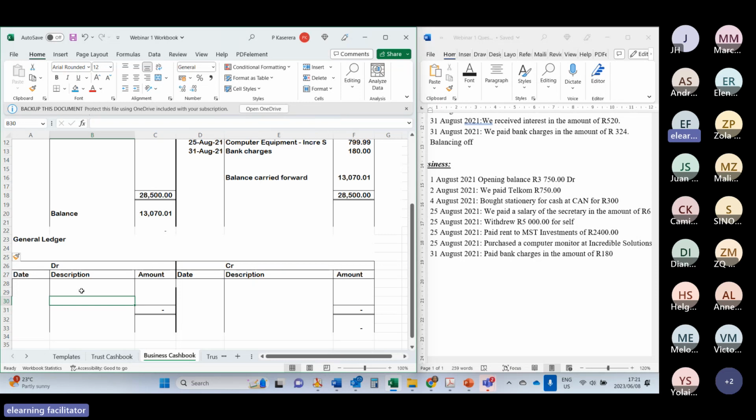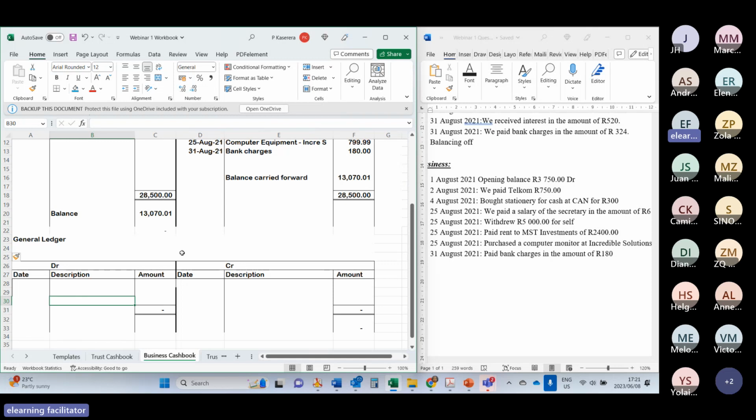Then we've also got our creditors ledgers, like business creditors. Telkom can be a creditor if we've got an account with them. We can have the municipality, or anyone that allows us to open an account with them. We call them creditors. So we've got a general ledger, a debtors ledger, and a creditors ledger.